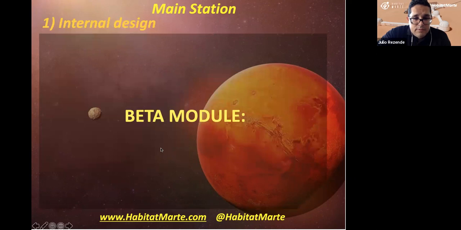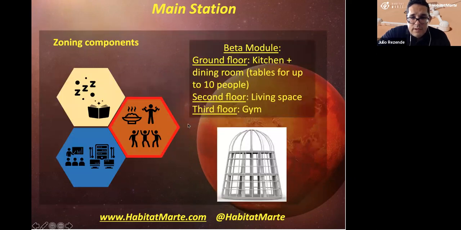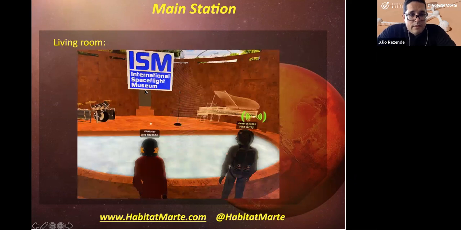The beta module is a facility related to the operation of the kitchen, also the dining room. On the second floor, we present the living space. On the third floor, the gym. This is a concept proposed by Michael Lurie.